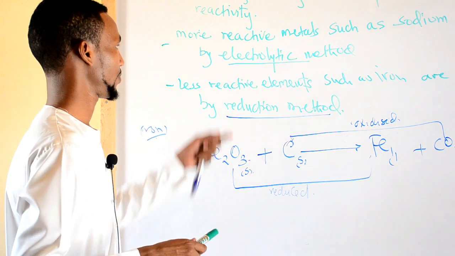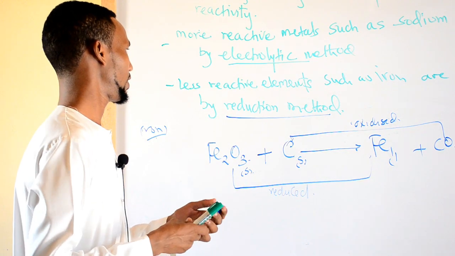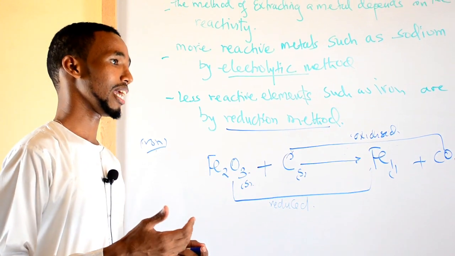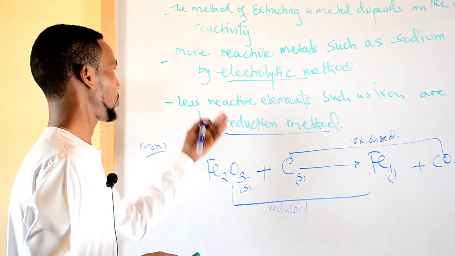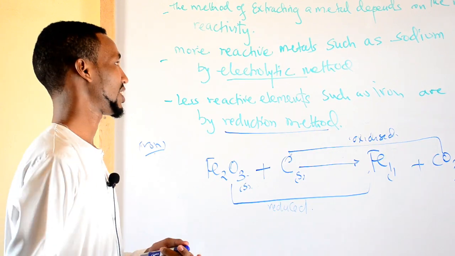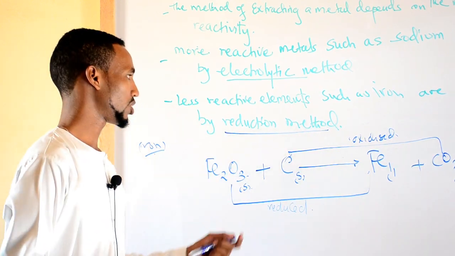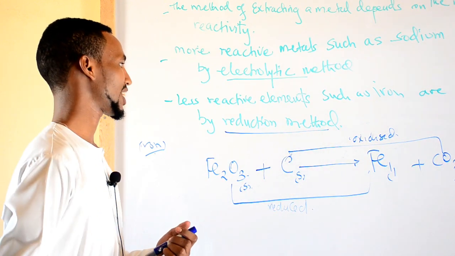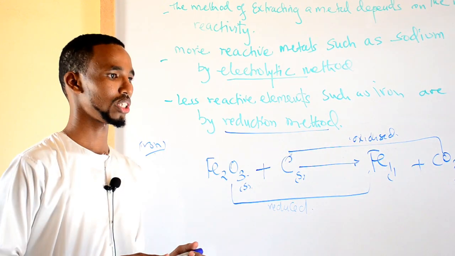It can use the electrolytic method, because in our electrochemistry lesson we have seen copper 2 sulfate as an electrolyte. We also use reduction method, since they are very low reactive elements.